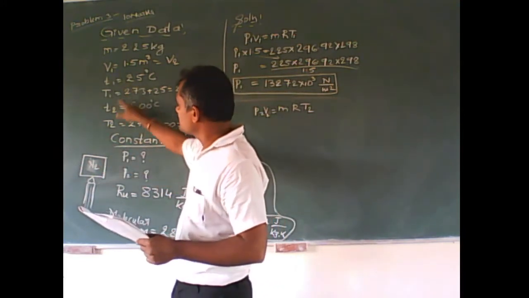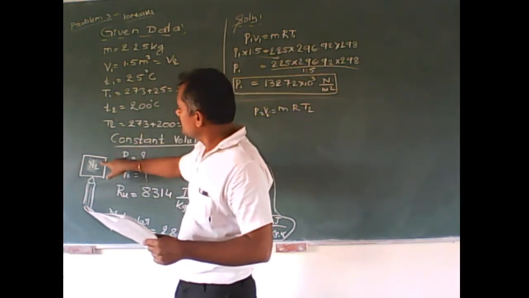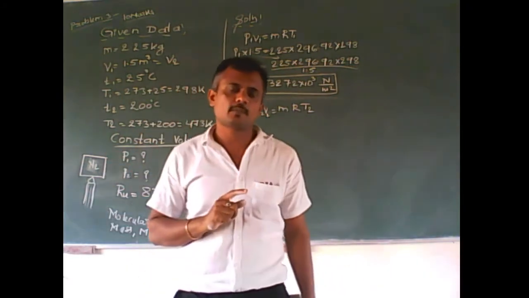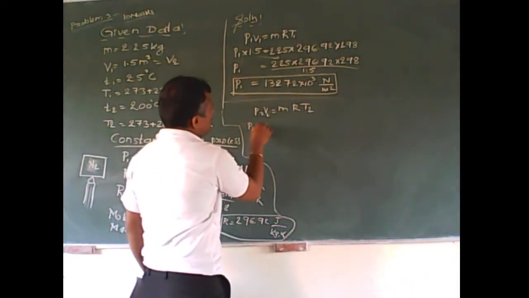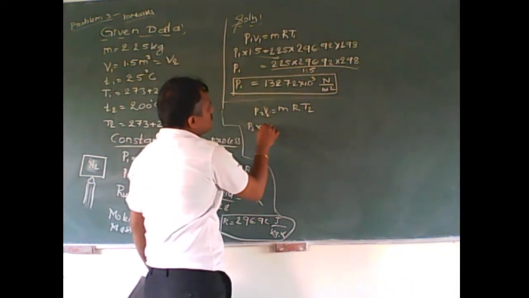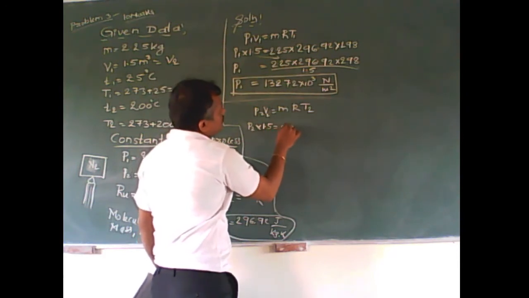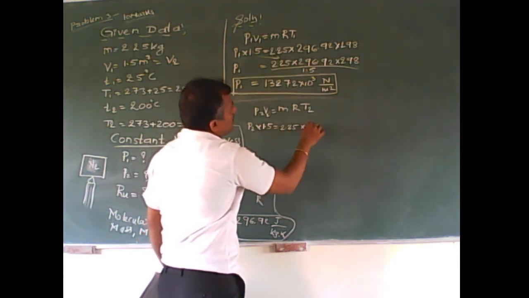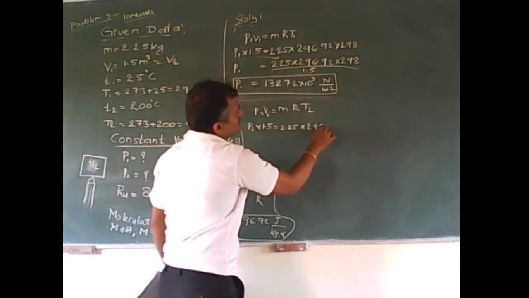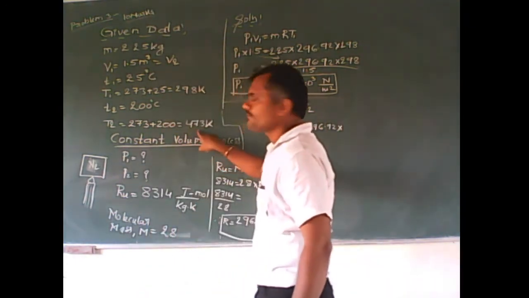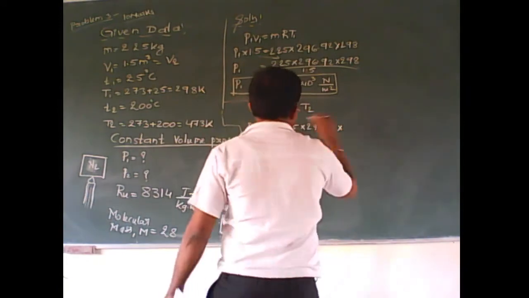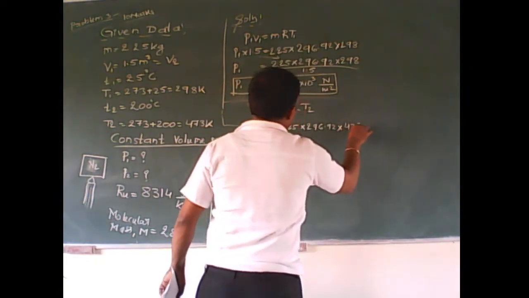So when the temperature is heated at a constant volume, its mass will not increase. Therefore, we have to take the mass as fixed. So if you want to calculate P2, V2 is also 1.5, mass is also 2.25 into R is a constant 296.92 into temperature T2 after heating, it is 473.